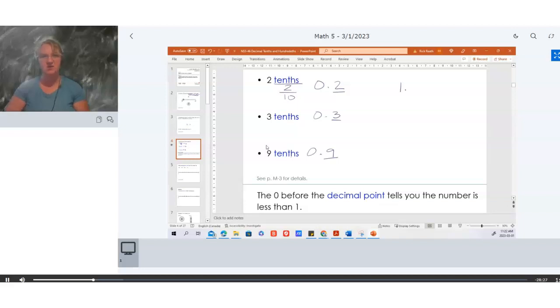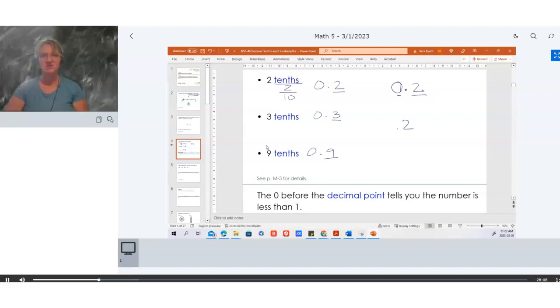So if we had 1 and 2/10, then that would mean we had one whole thing and 2/10 more. So we need to put the 0 in the front when we have a decimal to show that we have less than one thing.